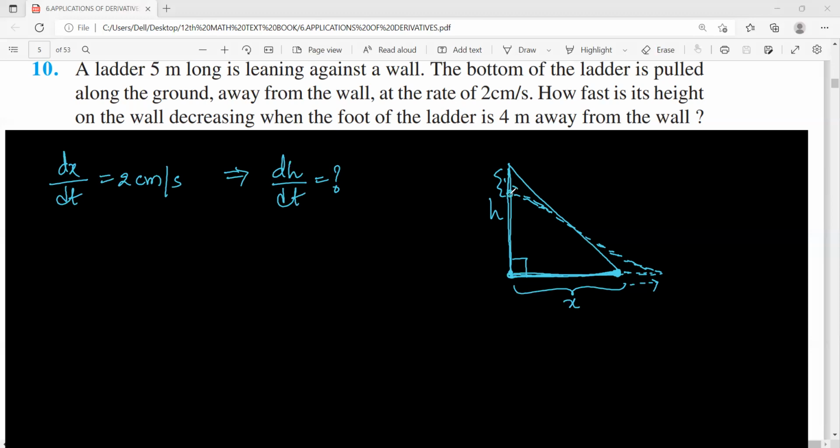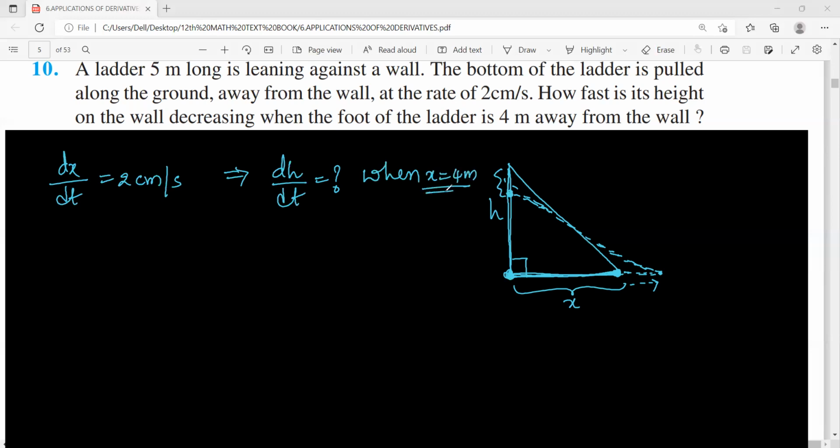But at what point? This is a rate of change, so at what point? When the foot of the ladder is 4 meters away from the wall. This is the wall, and this is 4 meters. So dh by dt is how much when x is 4 meters?